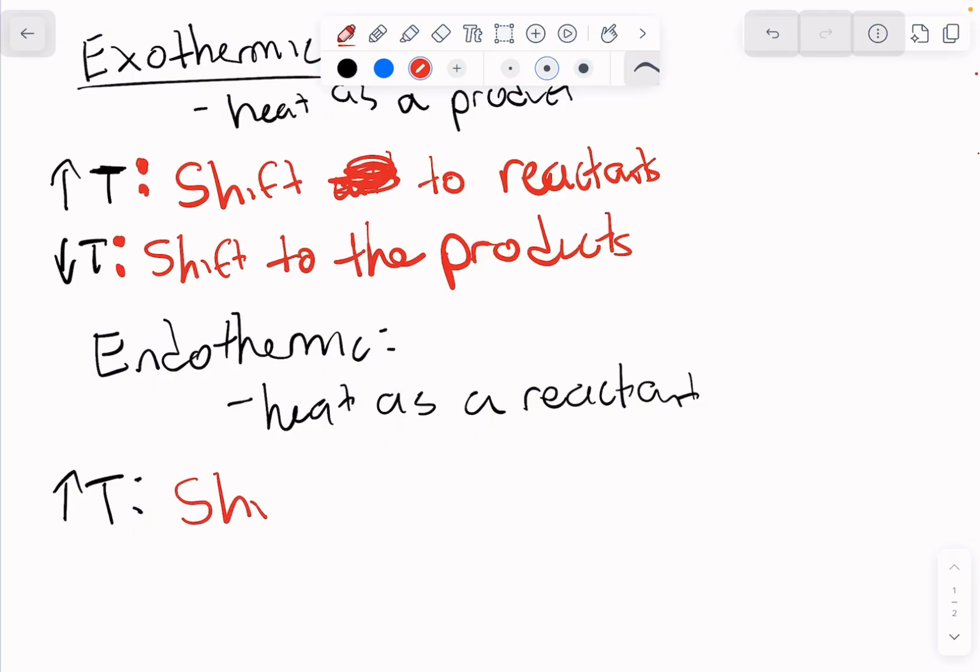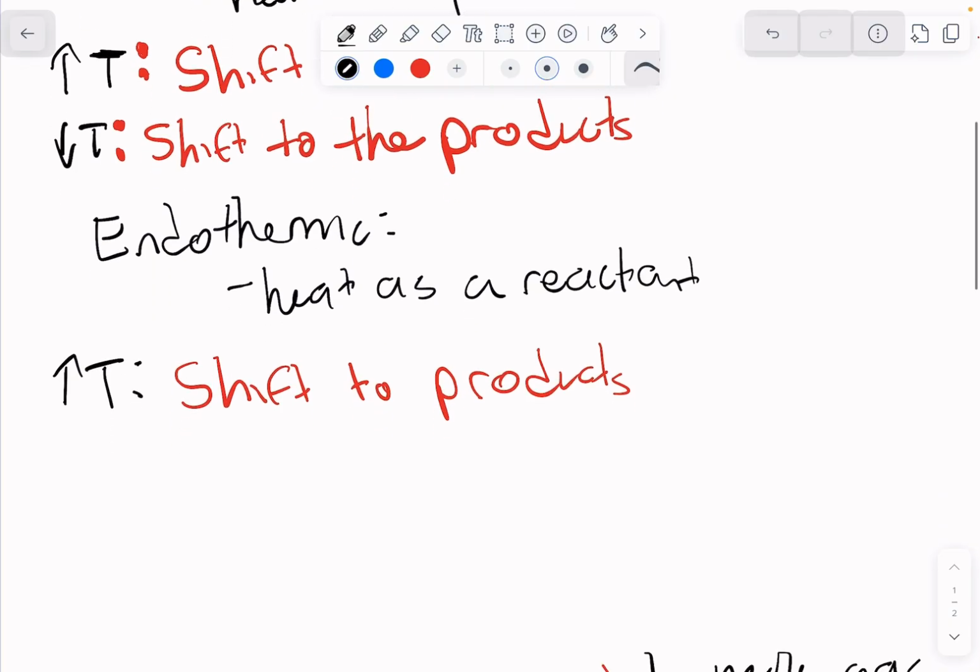The system will shift to products. We have excess reactant. What will the system do with that excess reactant? It will conduct more reactions with that reactant to lower it back down, and that ends up in more reactions towards the products happening, more product being produced. And if we decrease the temperature, if we decrease a reactant, it will shift to the reactants.